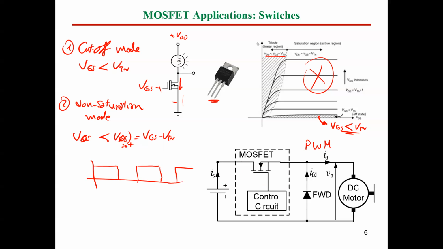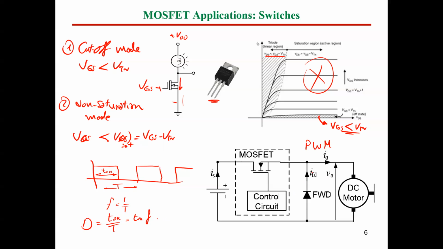These pulses will have a certain frequency. So this is the time of this cycle, and for sure frequency equals 1 over T, and it will have a certain turn on time. So we have what's called the duty cycle. This duty cycle equals T on divided by T, or we can say T on times frequency.